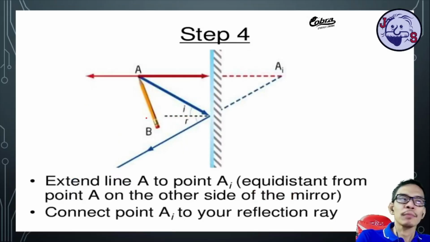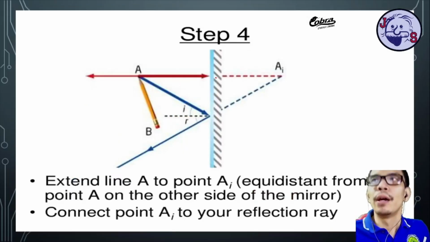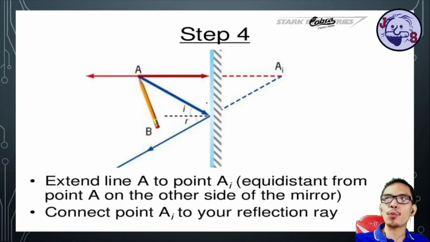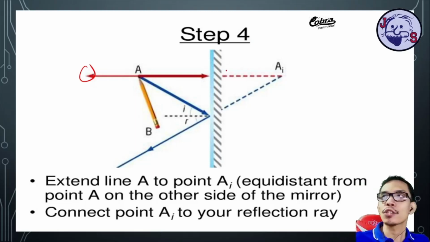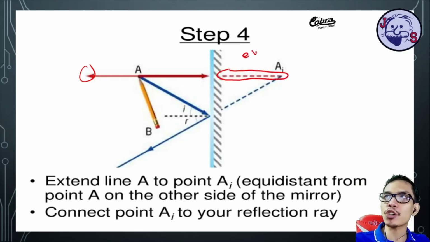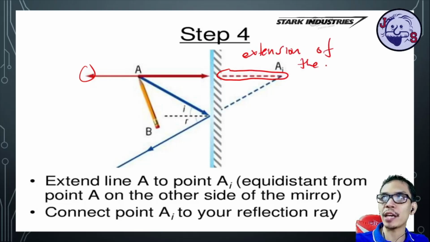Next one. What happened here is we extend the reflected ray that we have, by putting some broken lines behind the mirror. These broken lines that you have right here are the extension of the reflected ray behind the mirror.